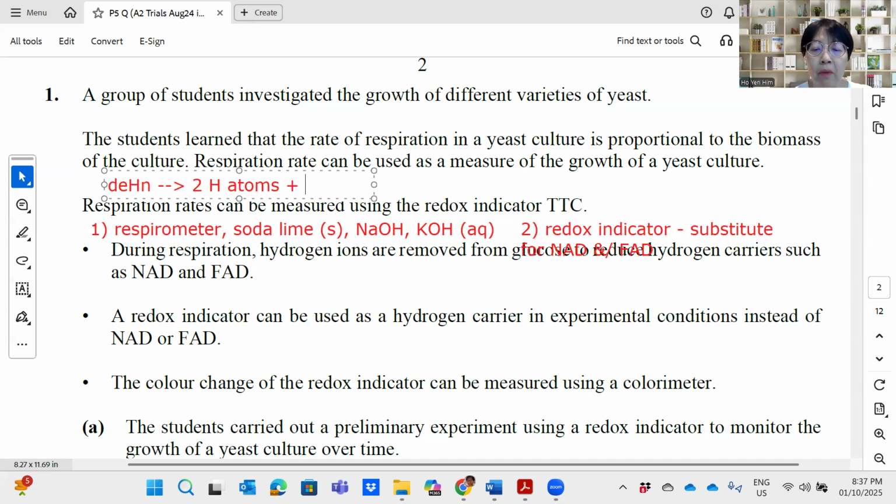When it picks them up, the original is the oxidized redox indicator, and the indicator has its own color. When it picks up the hydrogen, it is considered as being reduced.